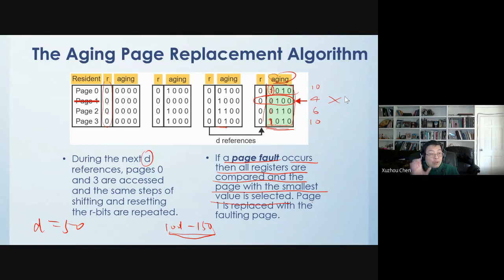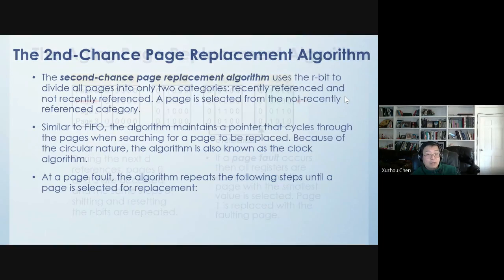You don't change the aging register. Once that 50 is reached, the R bit is placed in the most significant bit, and the rest of the bits are shifted to the right. Okay, so keep doing this. This can reduce the chance that the queue is updated. So it's a good replacement for the LRU, and it works very well.